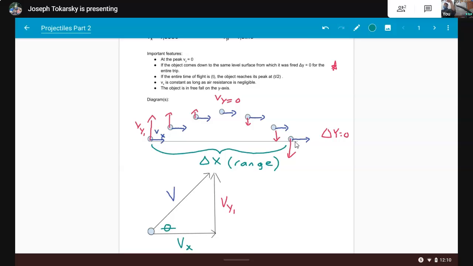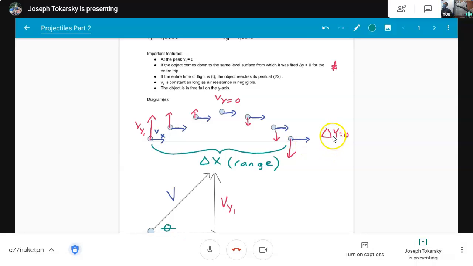Like, if I fire something from this level right here, and it lands somewhere up here and doesn't come the whole way back down, then I can't say delta y for the whole trip is 0, right? Because it didn't come back to where it started, right? So some of these features, especially that one there, depend on the fact that it came back down to that same level. Okay.